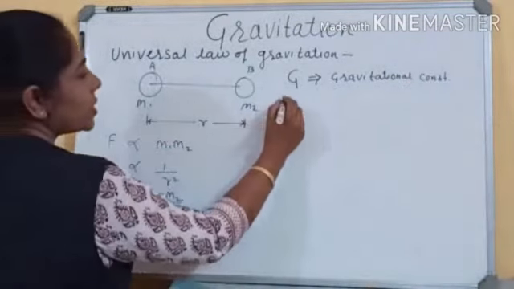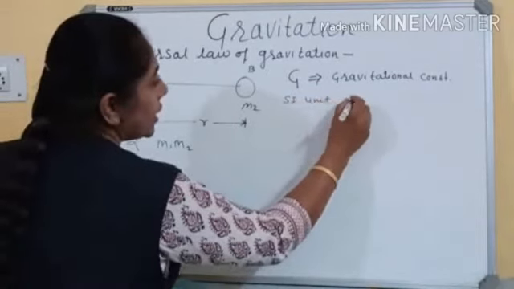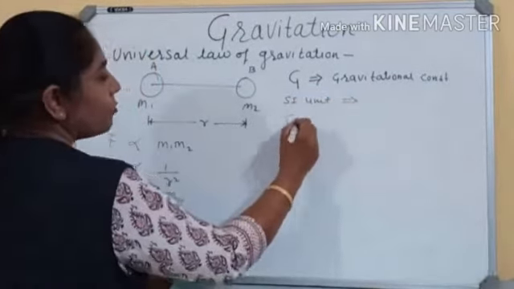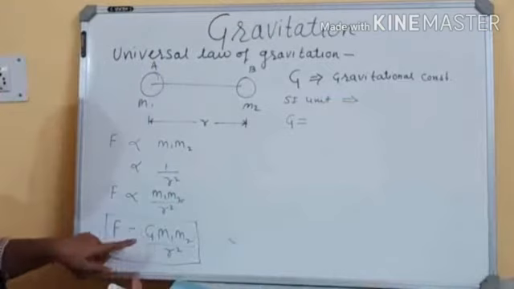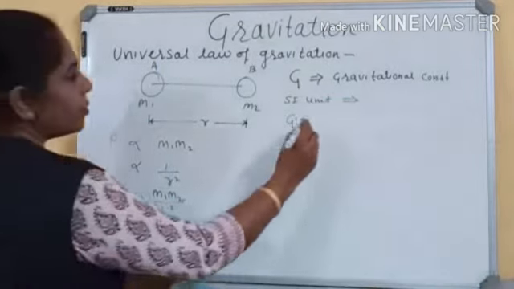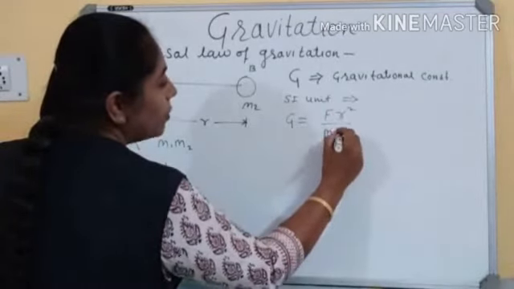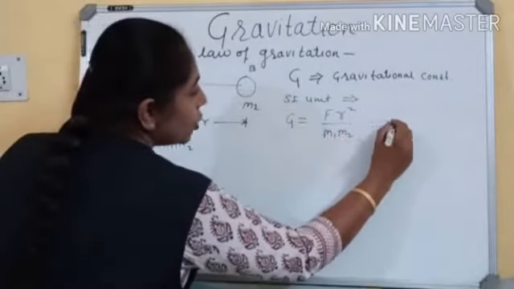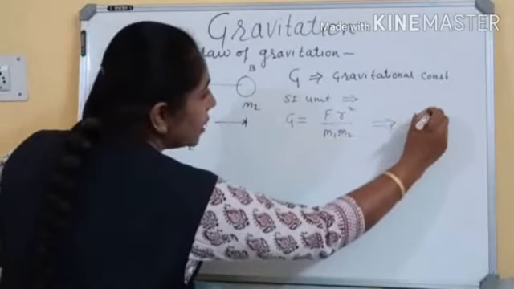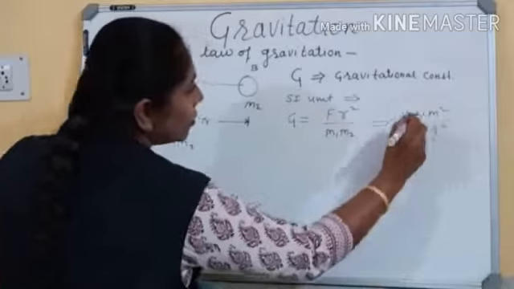Let us find out its SI unit. To find the SI unit, we will write the formula for G. From this formula, what is G? G is F r square upon m1 m2. So what will be its unit? Newton meter square per kg square.